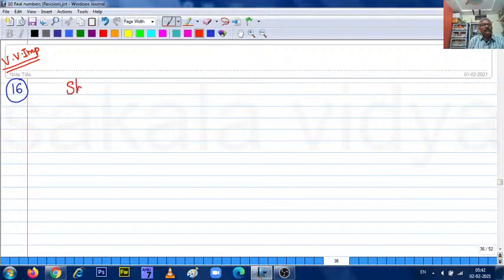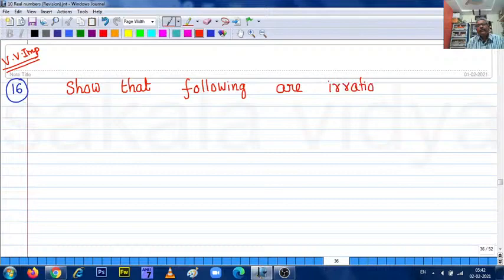Show that the following are irrational. The first one is root 3. The question may be like this: show that root 3 is irrational. This is very important, so I will discuss this question.